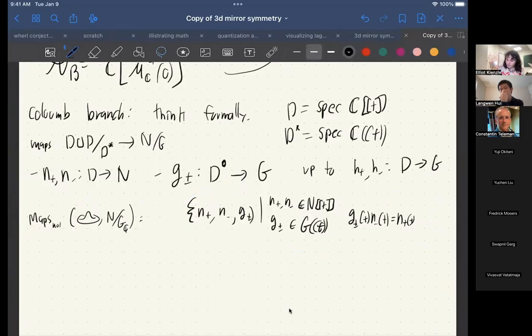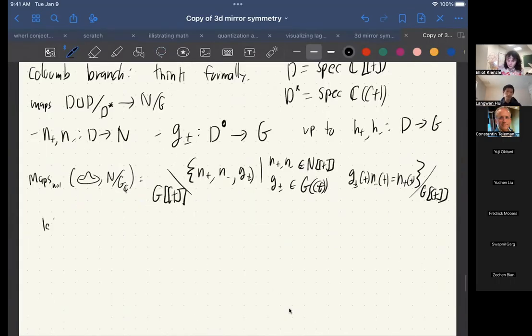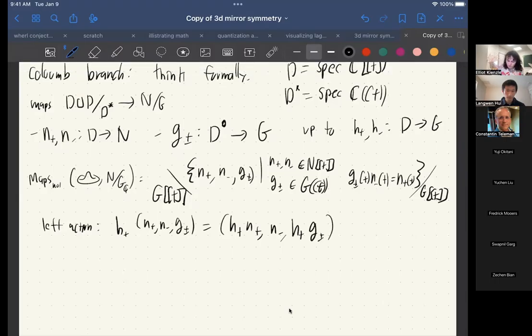Now we have this set, and now we have to divide out by the power series in G on the left, and on the right by exactly the action of multiplication. So the left action says that H plus times this whole tuple is going to act on just the top part, but now we have to get the gluing to work, so we're going to have to multiply the gluing function too to make sure it works out.